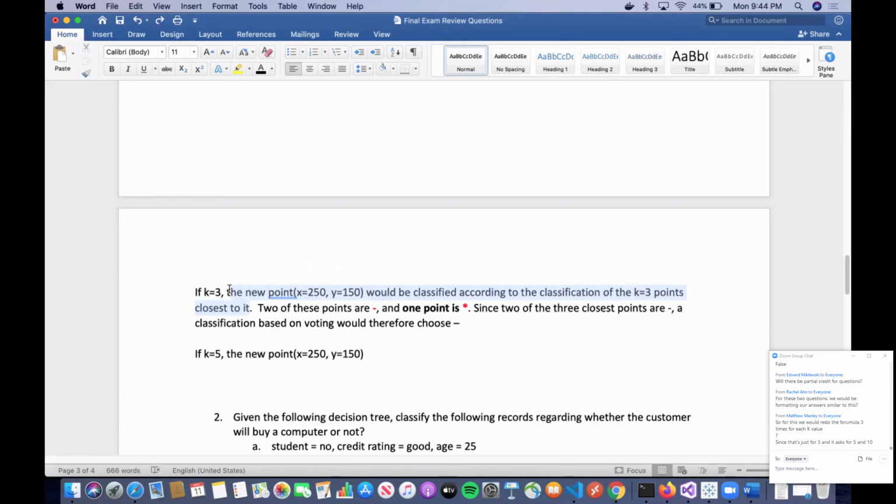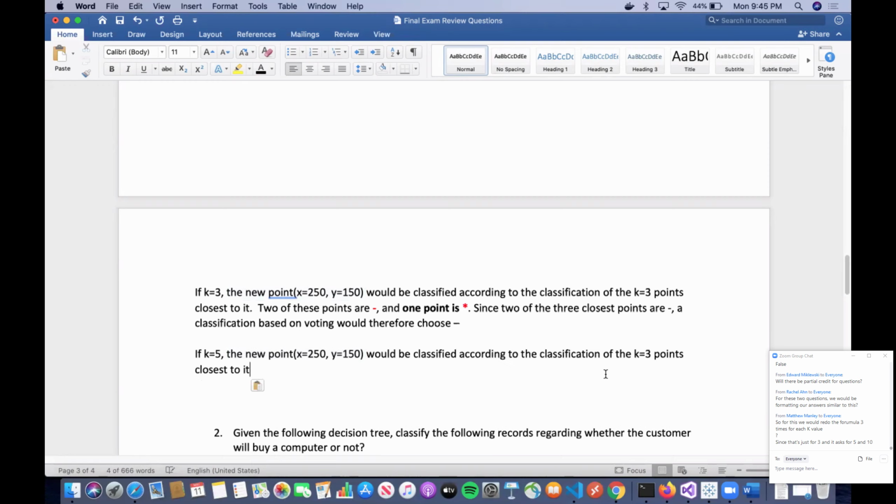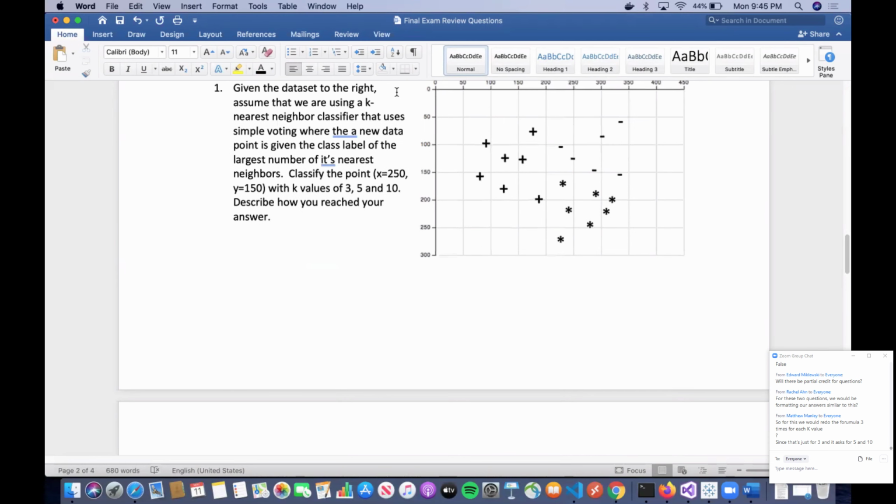So this will be the same, except that's going to be it. And that means since k is 5 and we have our new point, this is our new point.